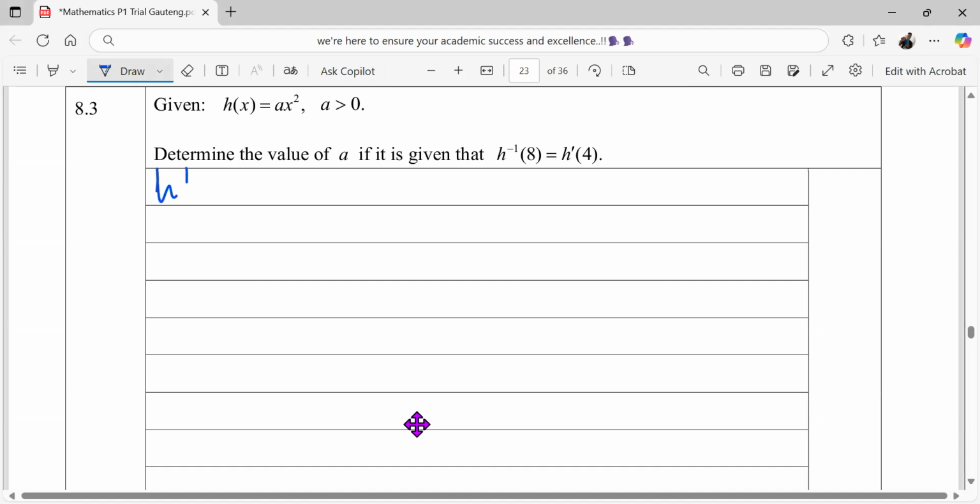I believe the easiest thing we can do here is to find the derivative of h. A is just a constant, like 3x squared. The derivative here will be 6x.